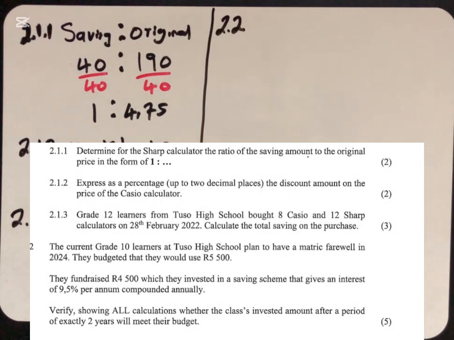In 2024, they budgeted 5,500 rands. They fundraised 4,500 rands, which they invested in a savings scheme that gives an interest of 9.5% per annum, compounded annually. Don't forget, it's compounded annually, meaning that they'll receive 1 interest in a year.